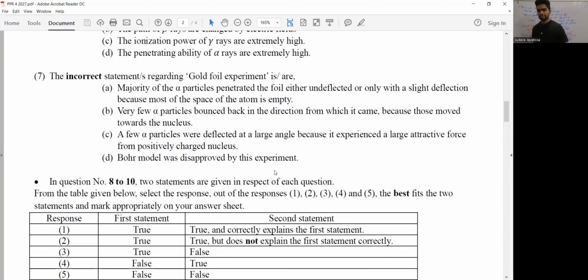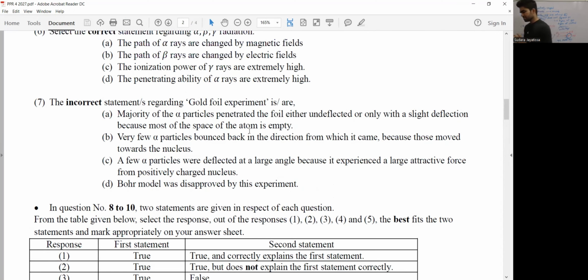It's about the gold foil experiment from a few weeks back. The statement says the majority of the alpha particles penetrated the foil either undeflected or with only a slight deflection, because most of the space of the atom is empty.